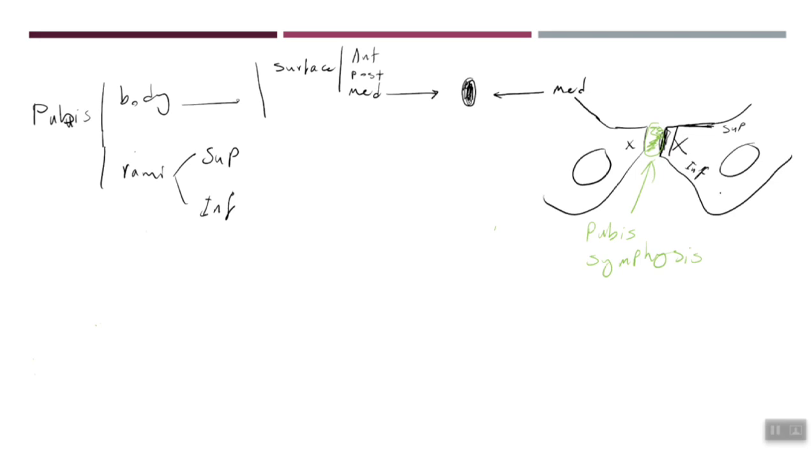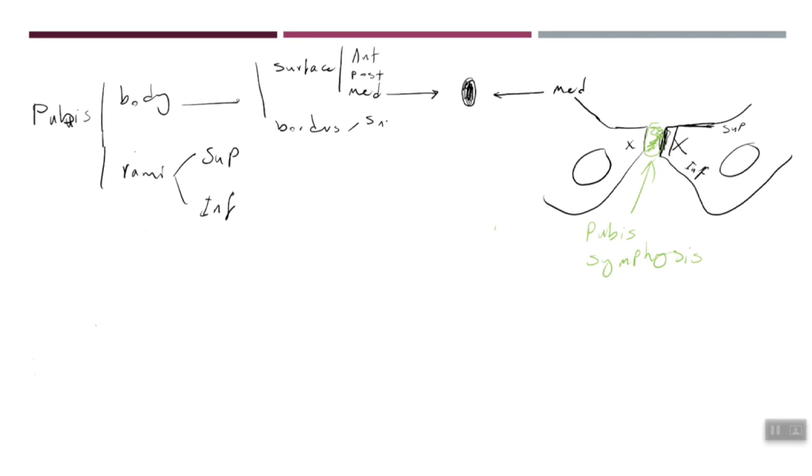As you know, the inferior ramus joins the ramus of the ischium and makes the ischiopubic ramus. And this is the superior. And the body has a superior border.